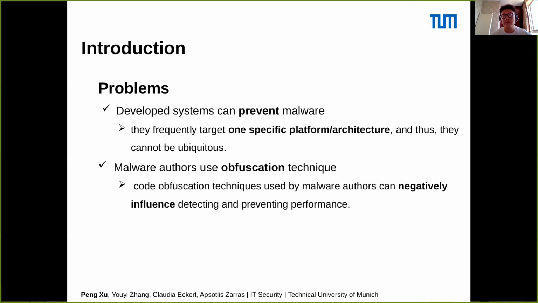So, for example, if we use a malware detection system which is based on the sequence of instructions or API calls, and if we use string encryption, which is a type of obfuscation technology, the sequence of the API calls could be influenced. So that means we cannot use the API call information to detect the malware behavior.